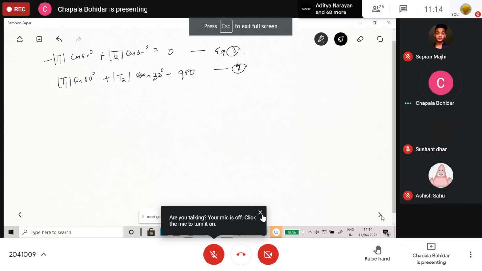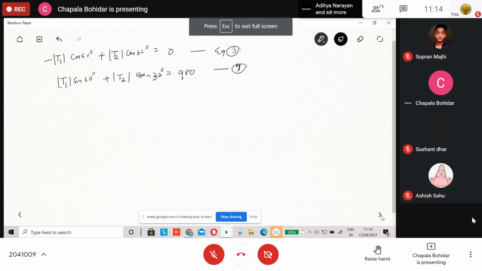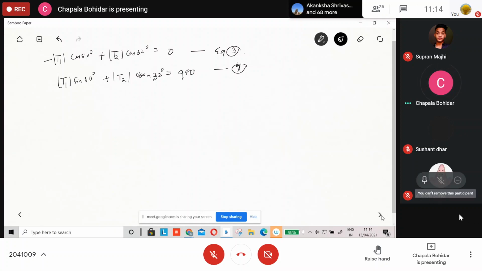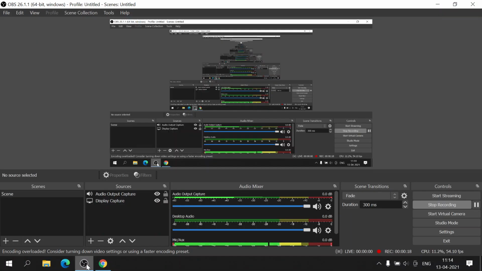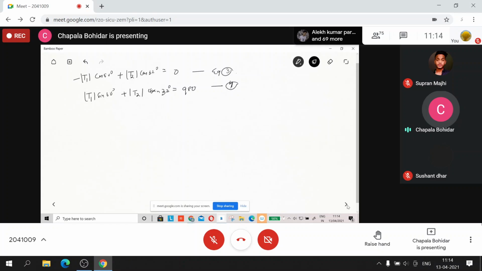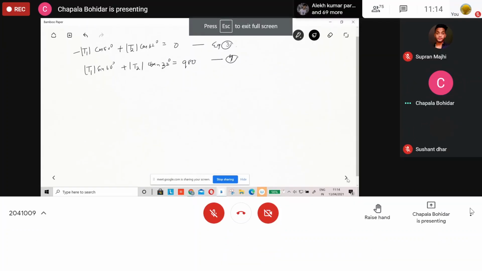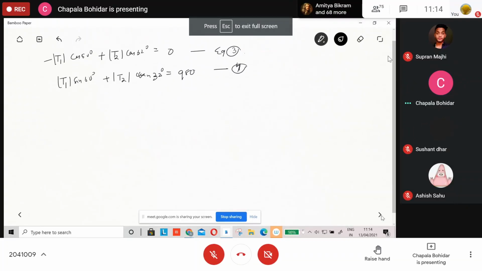Okay. So now solving equation 1 for T2. First you solve equation 1 for T2. So what do we get for T2?